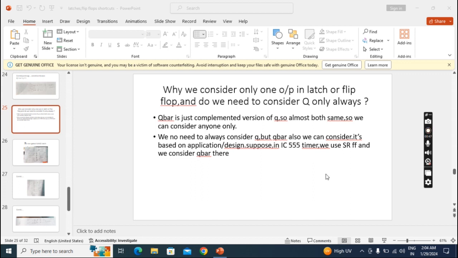So if we observe Q and Q bar, whatever output we are getting at Q, its complemented version we are getting at Q bar. So it's almost the same, just a complemented version. That's why we can take any one. Mostly we consider Q, but it doesn't mean we always should consider Q. We can consider Q bar also.